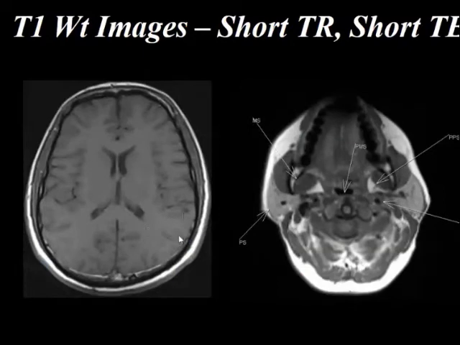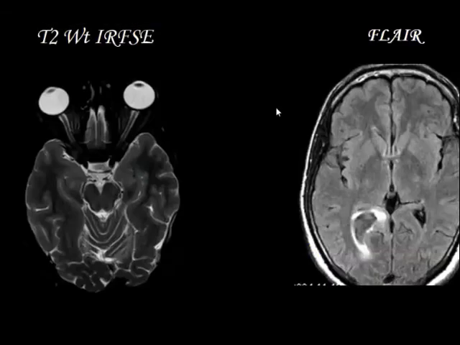T1 looks more white. That is how you differentiate a T1 from a fluid attenuated inversion recovery sequence where CSF is dark. Now again, this can be used especially when we look at multiple sclerosis. FLAIR sequences are extremely good when we look at MS plaques.